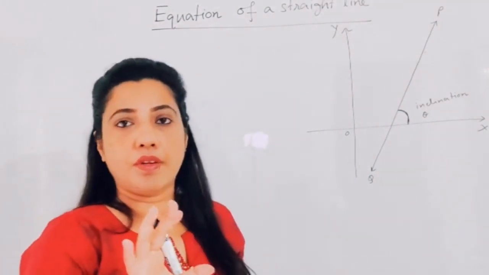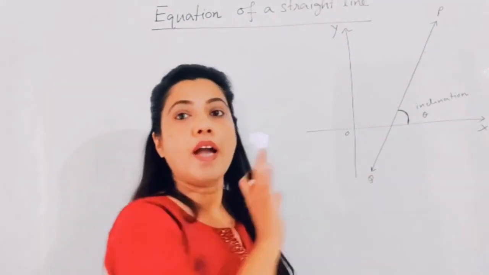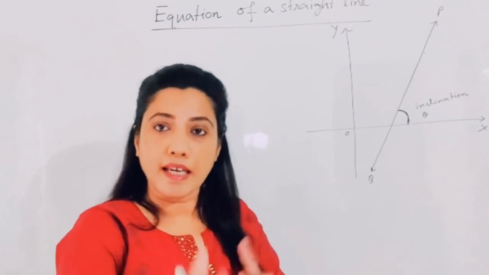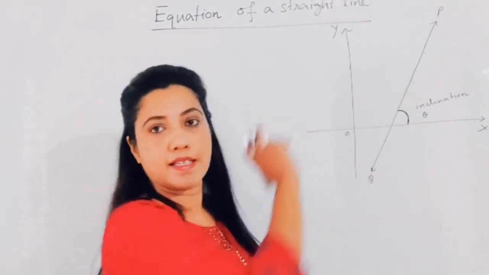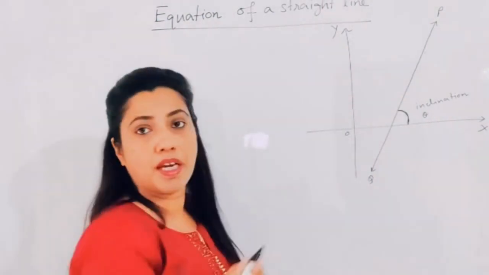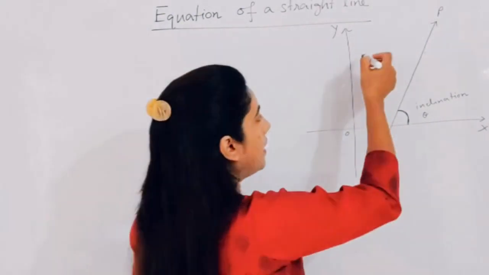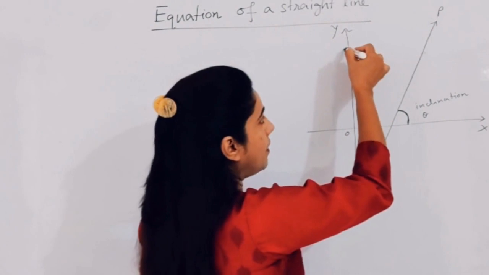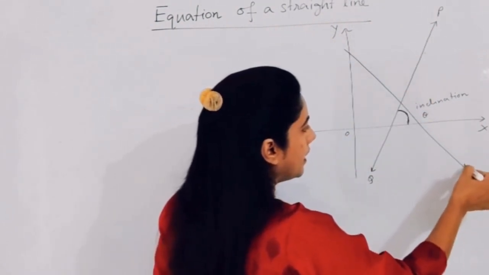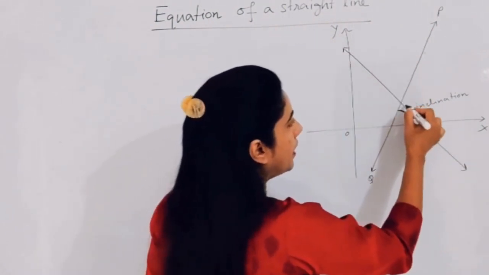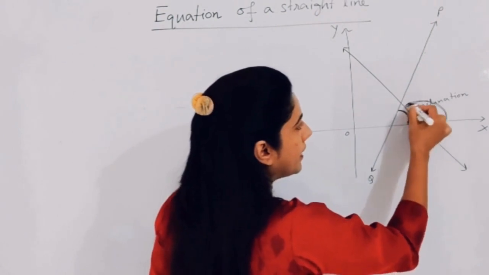If we know this inclination, we understand how the line lies on the axis. Suppose the inclination is more than 90 degrees, then the line will be somewhat like this. So here the inclination is more than 90 degrees.